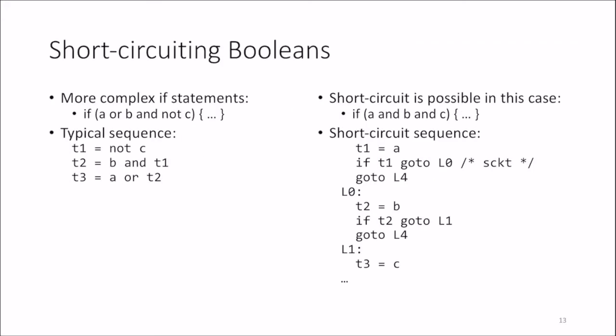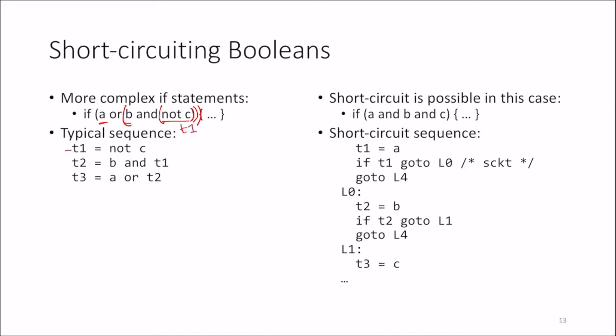Now the notion of short-circuiting Booleans. This is something you're familiar with as a programmer. If I have a more complex if statement where you have not C, and then I'm combining that with B, and finally I'm doing an OR with A. You can see that the bracketing of this would be something like, because AND has precedence over the OR, you would first compute the not C, which I'm going to store in T1.